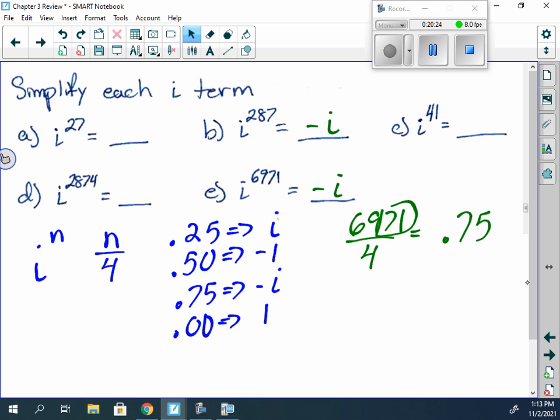Now, we're not really worried about the whole numbers, because the whole number is just telling me how many cycles through these 4 numbers I went. We're just worried about the decimal, because it's telling me in the current go round of these 4, where am I at? 0.75 tells me I'm on the third one. The third one is negative I. Questions on this here?